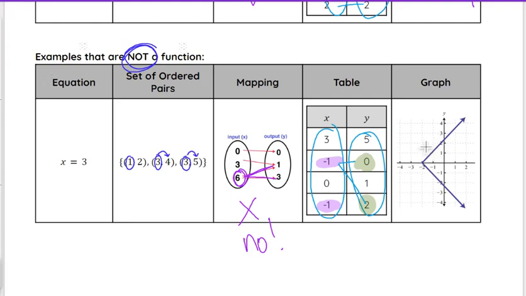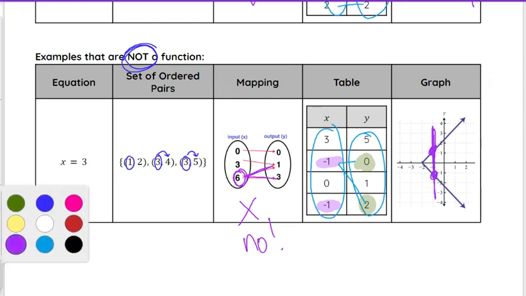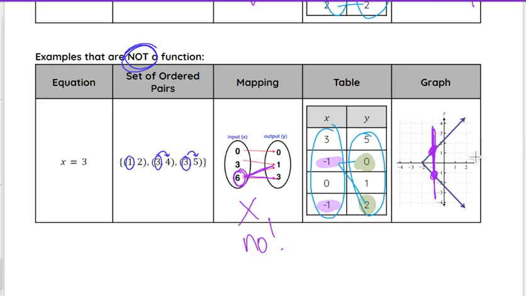Whereas a non-function would not pass the vertical line test. So if I drew a vertical line somewhere on that graph, there's at least one spot where that vertical line hits two different points on that graph from that same vertical line. And this actually really means the same thing as the mapping, because if you think about it, this vertical line, these 2 points have the exact same x coordinate.